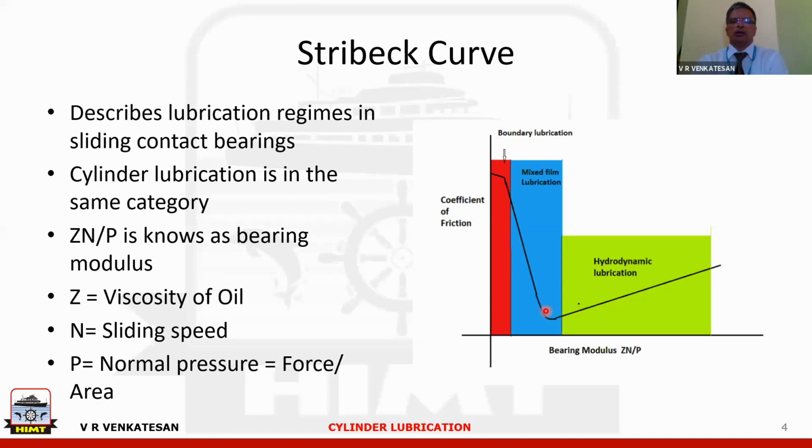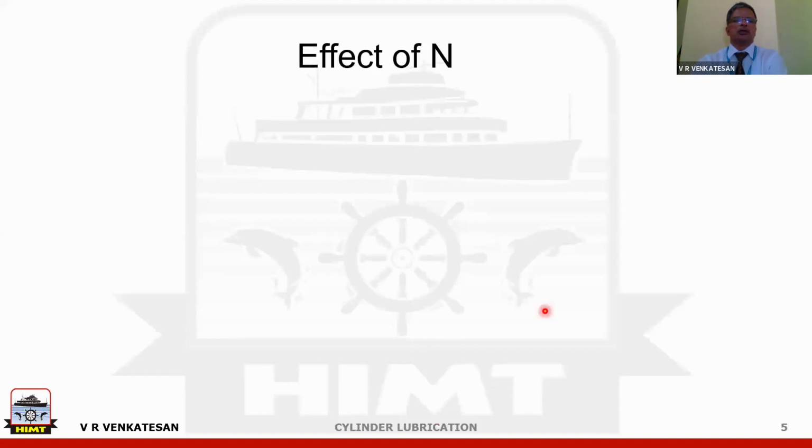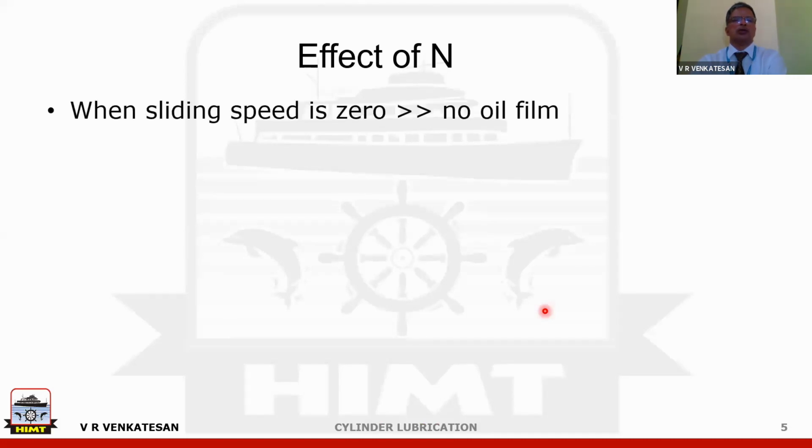So what are the changes which are taking place here? First, you look at the effect of speed on this. When there is no movement at all, remember the x-axis is Zn divided by P. So when there is no movement at all, N is 0, then the friction will be very high because metal-to-metal contact will be there.